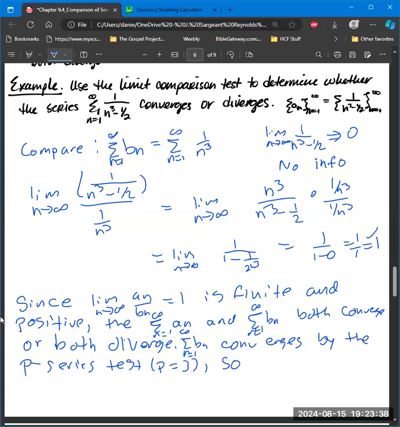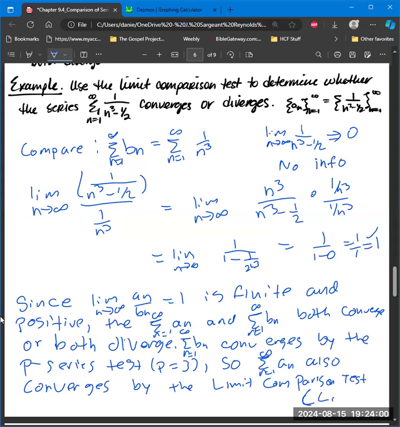So a_n also converges by the limit comparison test. From this point forward, I'm going to write L.C.T. to stand for limit comparison test.